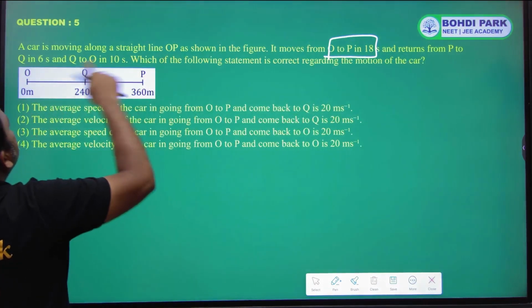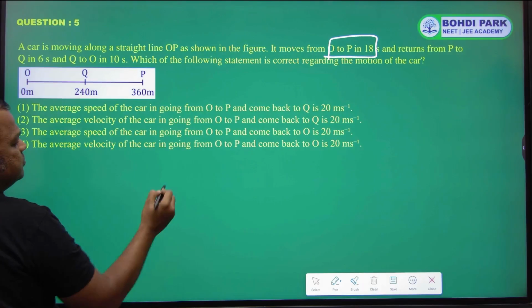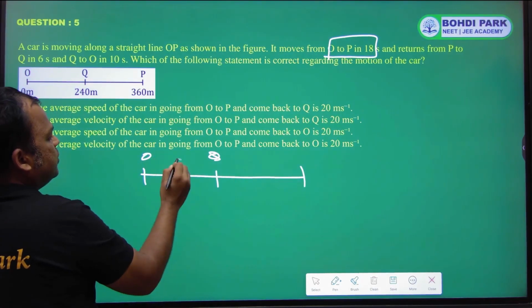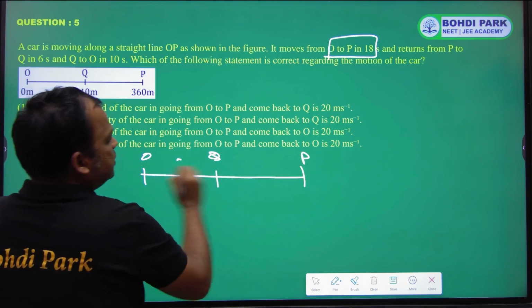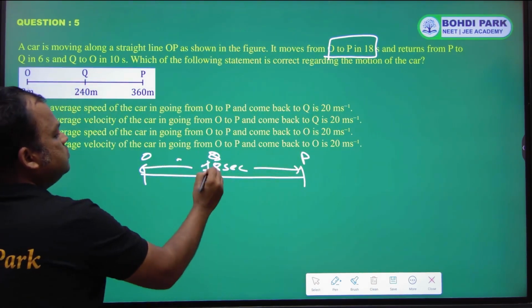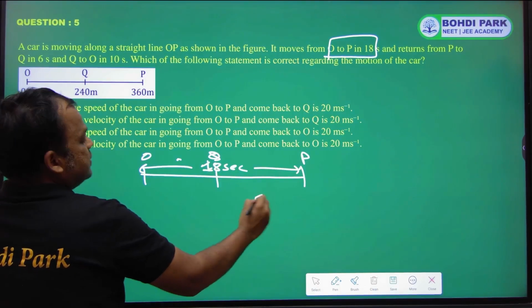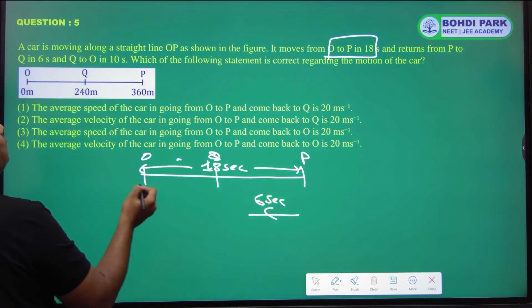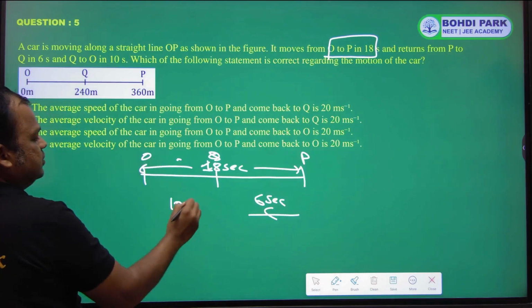Returns from P to Q in 6 seconds. O to Q, Q to P, total 18 seconds. Q to P 6 seconds and Q to O 10 seconds.